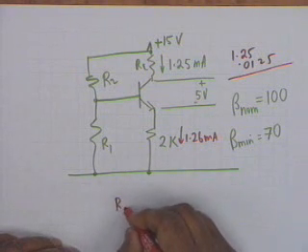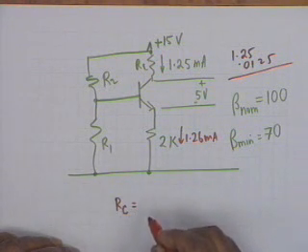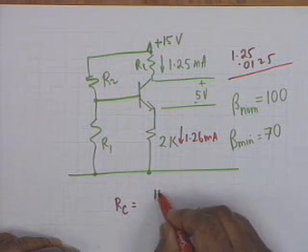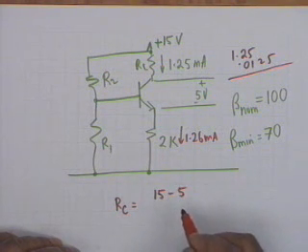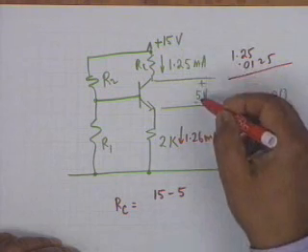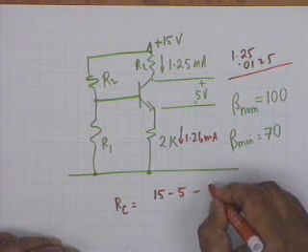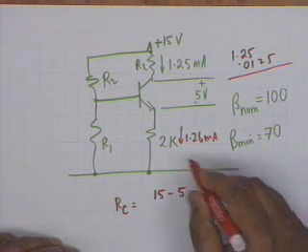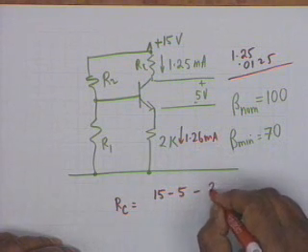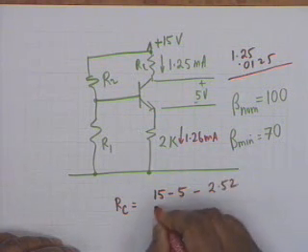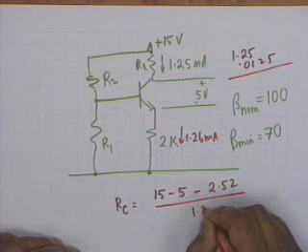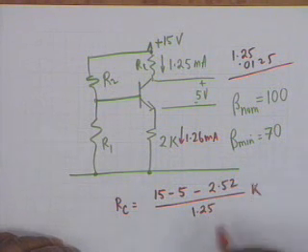And therefore R sub C shall be equal to 15 minus 5 minus 2 times 1.26, so 2.52, divided by 1.25, so many kilo.